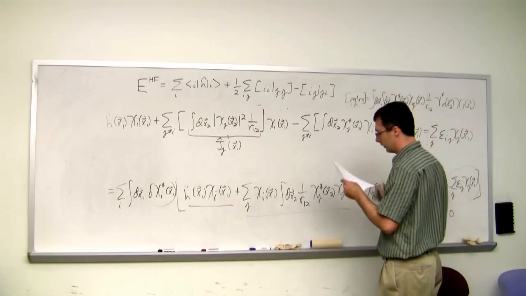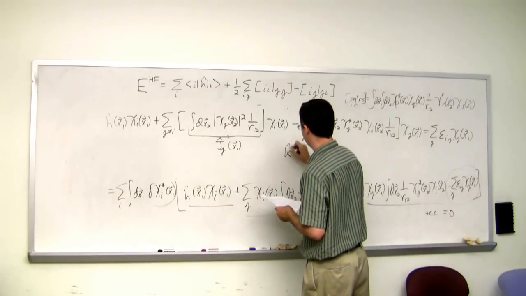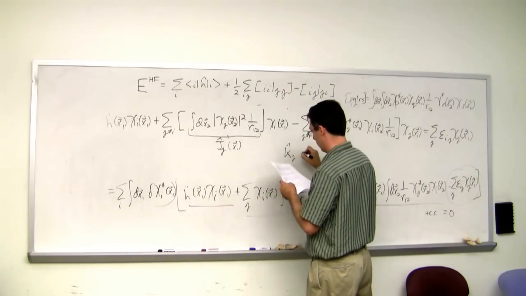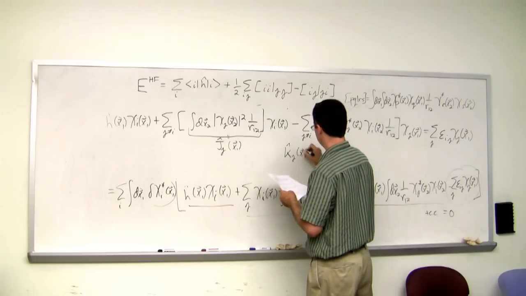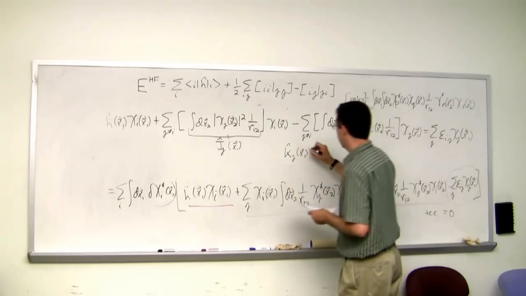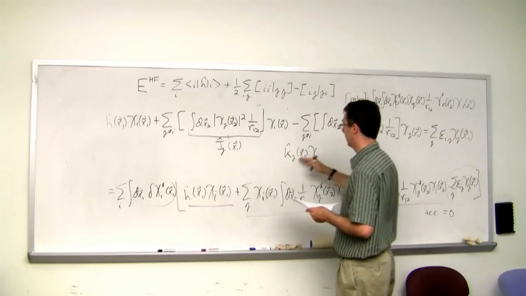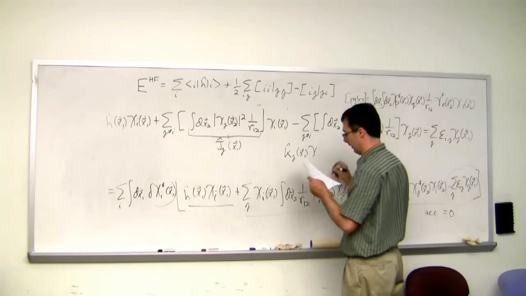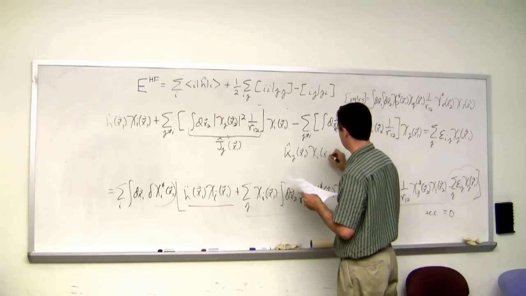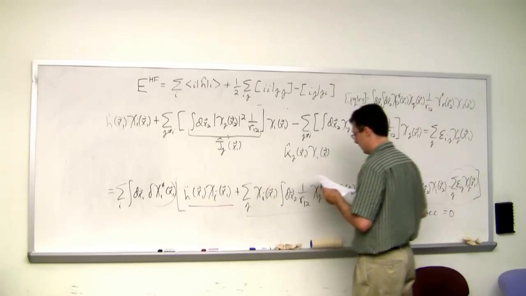This thing is a little harder to write, but I'm going to write it this way. Let's make an operator called K_j, which is also going to be a function of x1. K_j I can't just define this way. I've got to define it based on what it acts on. So let's say it acts on an orbital i, chi_i of x1.